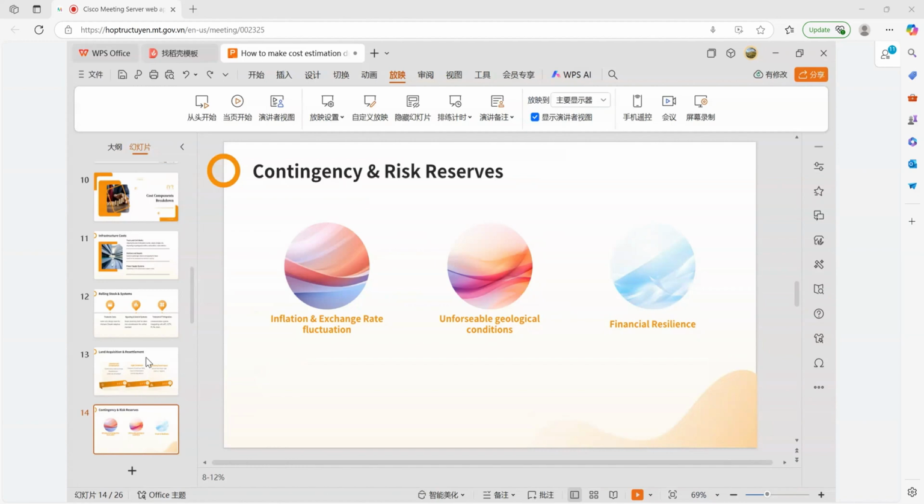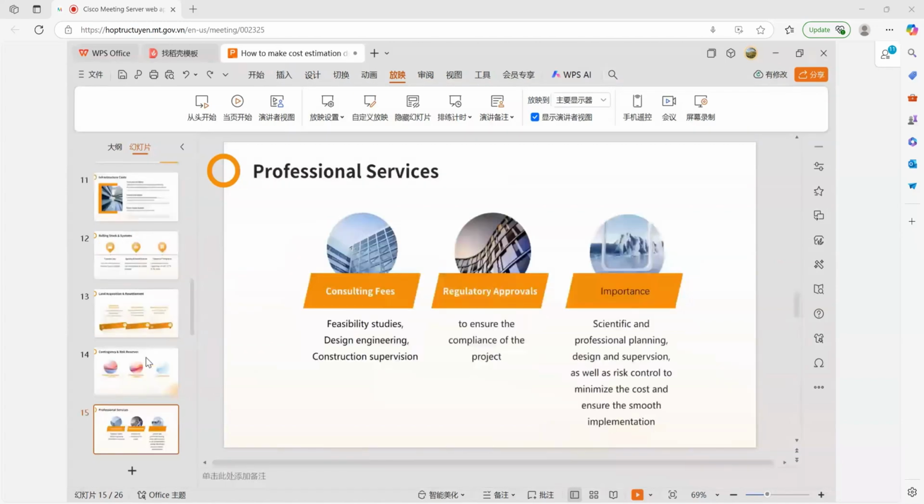Of course, professional services are necessary for the project, including consultancy service to do feasibility studies, design engineering, and construction supervision, and to get regulatory approvals to ensure the compliance of the project.